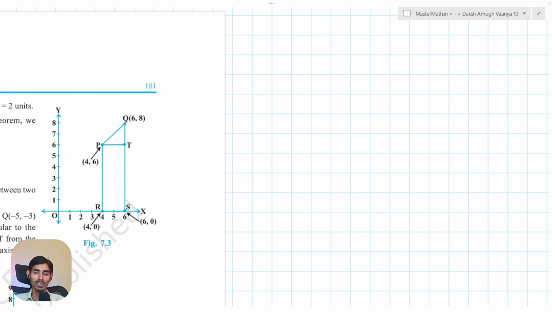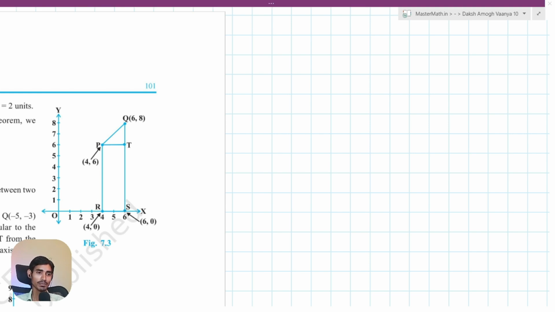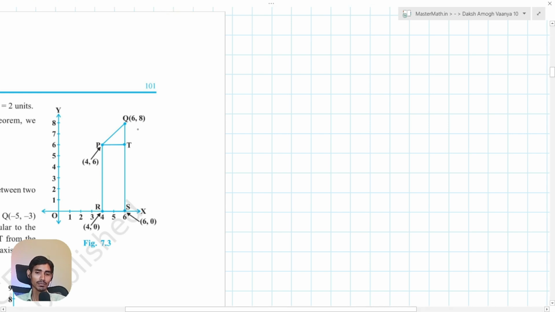How to find the PQ distance? Anyone want to try? Yes, Naveen. Sir, again using Pythagoras theorem. Okay, tell me how. PQ square equal to PT square plus QT square. That is true. What else?